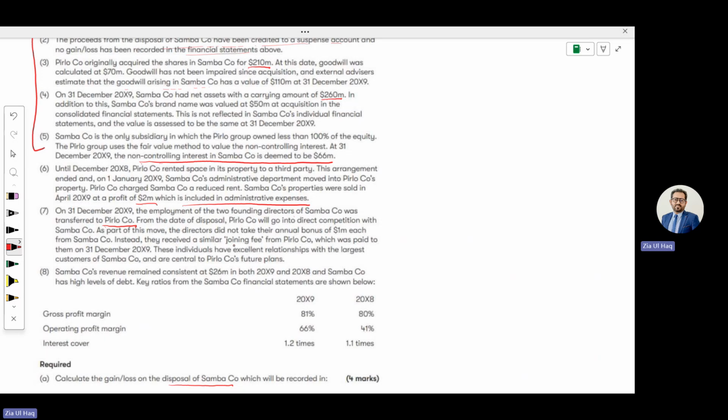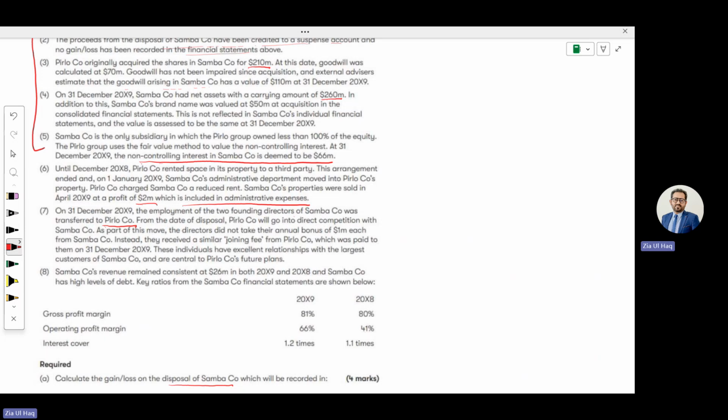Instead, they have received a similar joining fee from Pirlo company, which was paid them on 1st December 2009. These individuals have excellent relationship with the largest customers of Samba company and are central to Pirlo company's future plans.